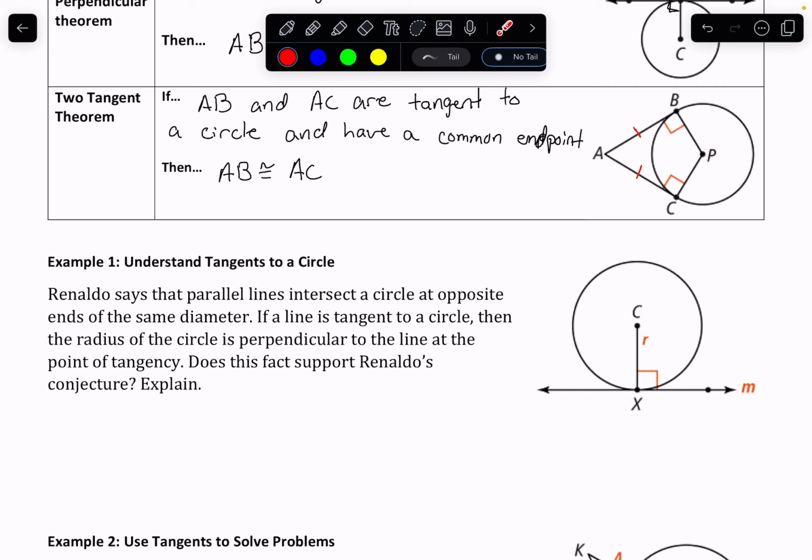Does this fact support Rinaldo's conjecture and explain? Well, let's see. If this line is tangent to the circle at this radius, I can then extend radius XR to become a diameter, right? That radius just needs to be doubled, and now it's a diameter.